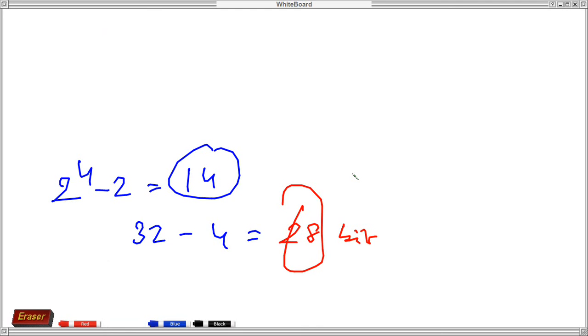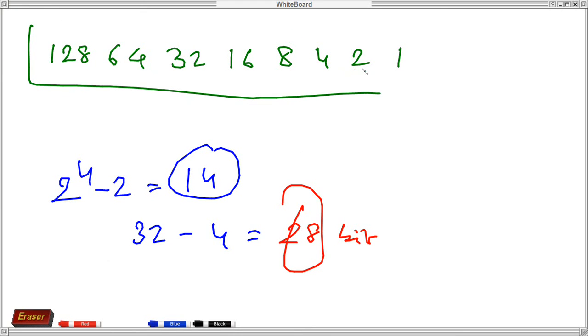get a clear view about the entire 8 bit. The first bit value is 128, the next bit is 64, then 32, then 16, then 8, then 4, then 2, then 1. So that is how the entire 8 bit is.